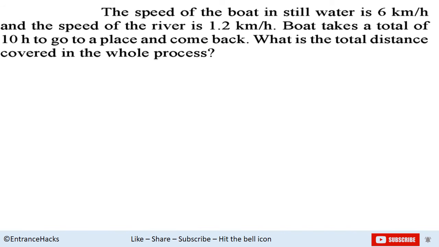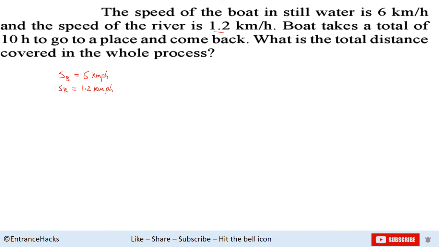Now let's solve this one question to understand the concept better. So here the speed of the boat is 6, right? So SB is 6 km per hour. That is the speed in still water, right? And the speed of the river is 1.2 km per hour. SR is 1.2 kmph.